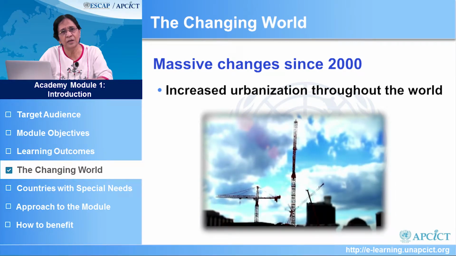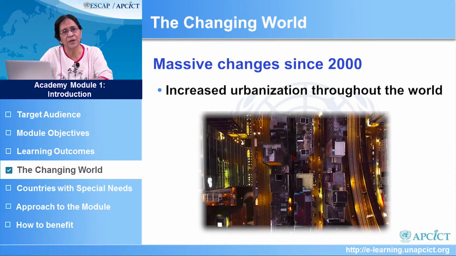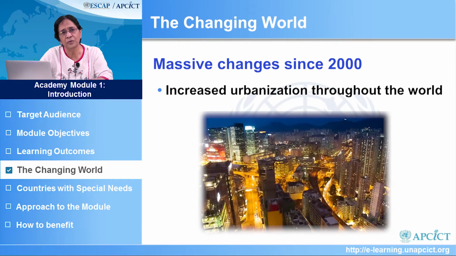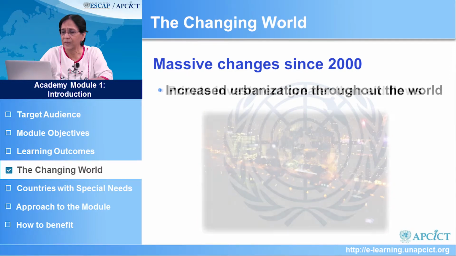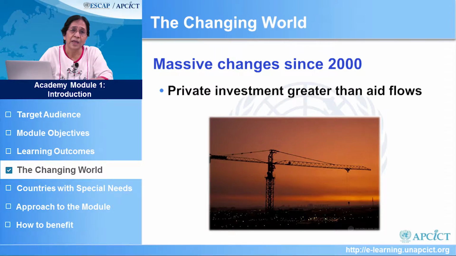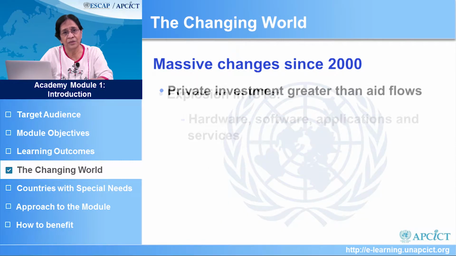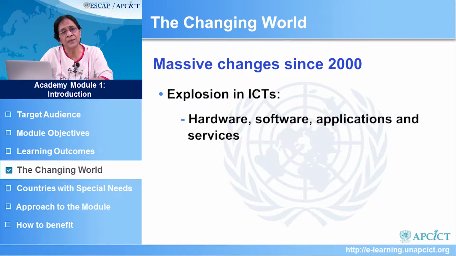There is increased urbanization throughout the world, with nearly 40 to 50% of our people no longer living in the rural areas, but living in cities. Today, private sector investment is greater than the amount of aid flows from the developed to the developing countries. And as you and I all know, there has been an explosion in the information and communication technologies in terms of hardware, software, applications, and services.